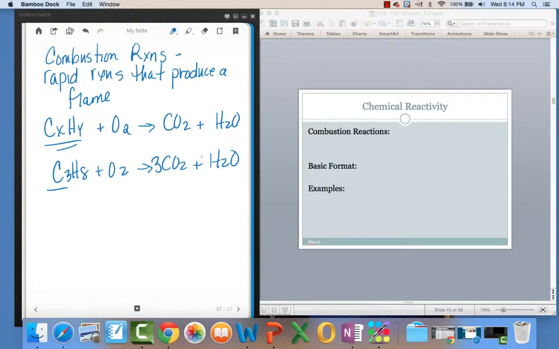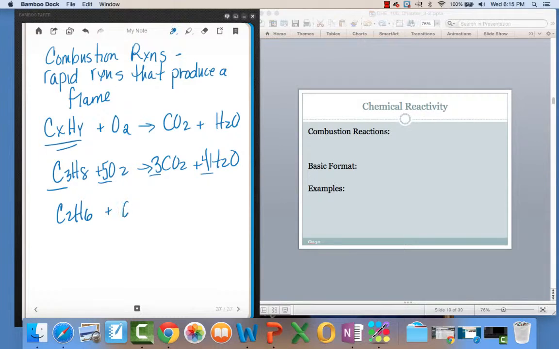I have 8 H's, I'm going to put a 4 here. So that gives me 3 times 2 is 6 oxygens plus 4 oxygens over here is a total of 10 oxygens, so I need a 5 there to balance the equation. That's straightforward. Now I'm going to give you one that's not so straightforward and a little trick that makes things easy.